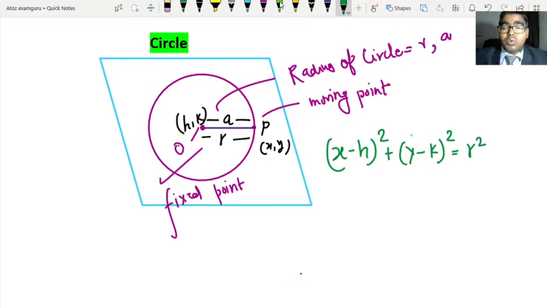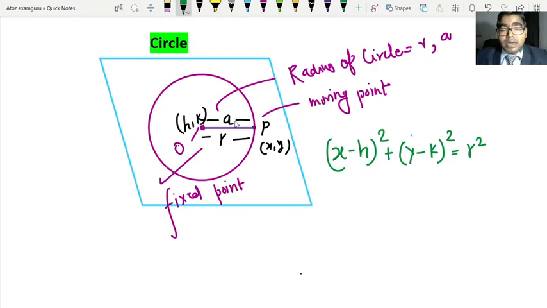So friends, now let us move to the next thing. Suppose the center of the circle lies at the origin. Then what will be the equation of the circle? If the center of this circle lies at the origin, then we know very well that the coordinates of the origin are always 0 comma 0.